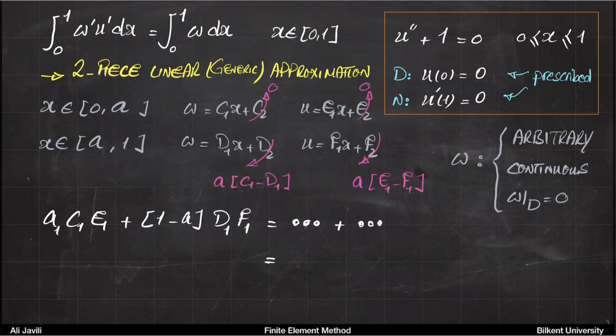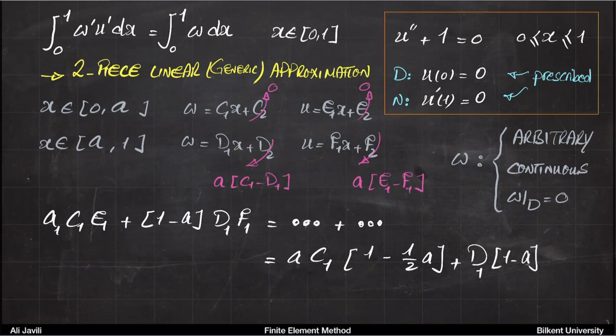After some mathematical steps, these two terms can be combined into something which would look like this: A C1 (1 minus 1/2 A) plus D1 times (1 minus A) times (1/2 minus 1/2 A). So essentially this is again your equation that we need to solve.